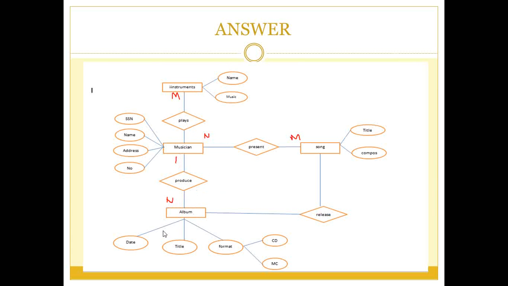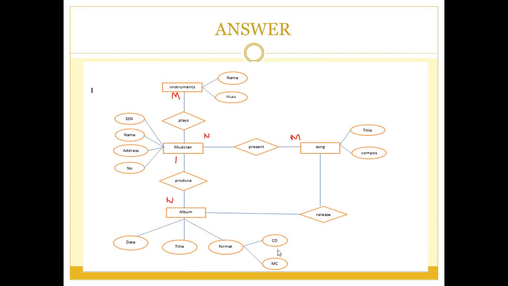Album has attributes date, title, format. The format is CD, MC. And now we have album and song. It's also a many to many relationship. Song has attributes title and composer. Here is the answer. Have you got it?